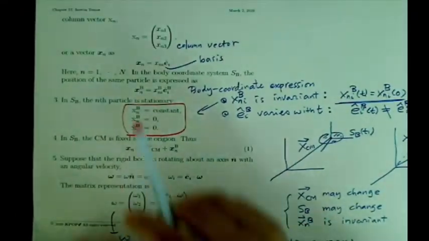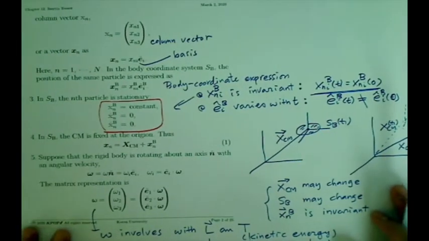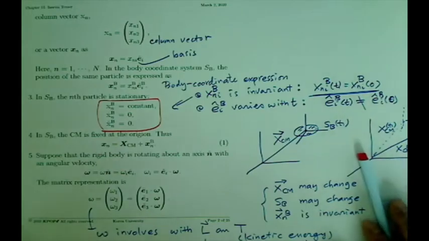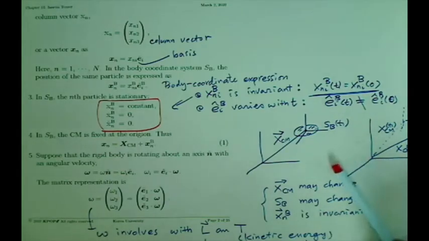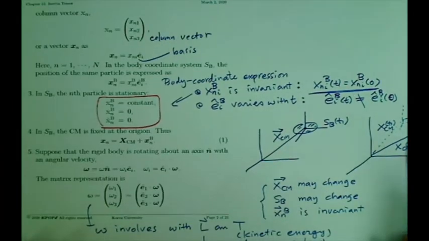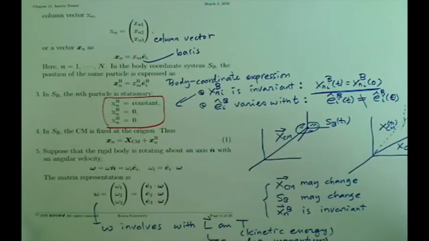So this is an example of writing the components as a column vector. If it is written in a boldface form, then it is just the usual vector notation.